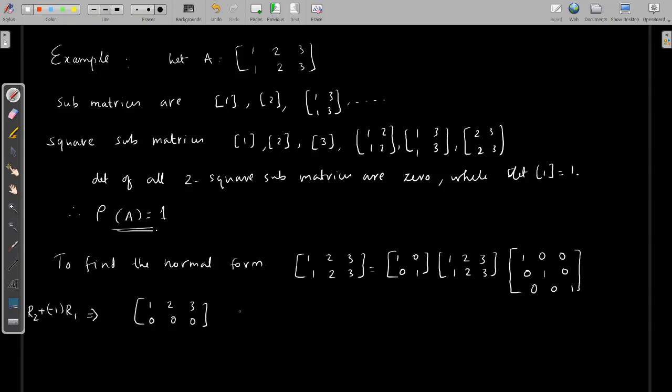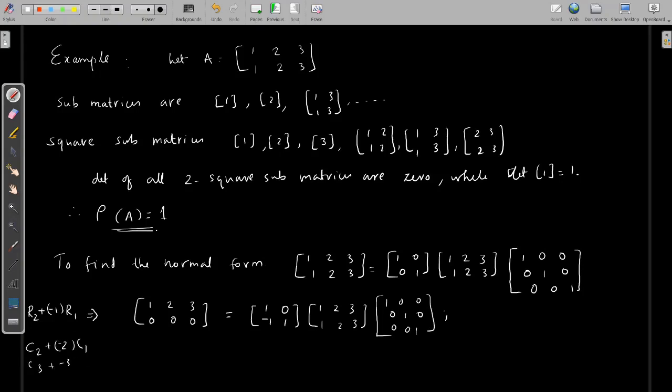Then this matrix will be 1, 2, 3, 0, 0, 0. The same row operation can be performed on the prefactor of A on the RHS. So that will give 1, 0, minus 1, 1. The rest of things are the same. Now you perform two column operations simultaneously. That results in 1, 0, 0, 0, 0, 0. That will be the matrix on the LHS.